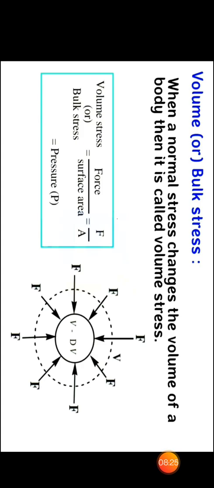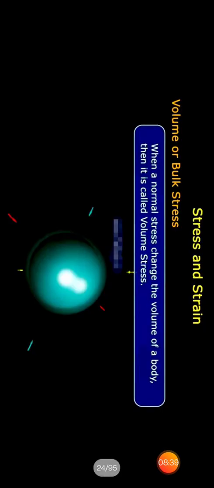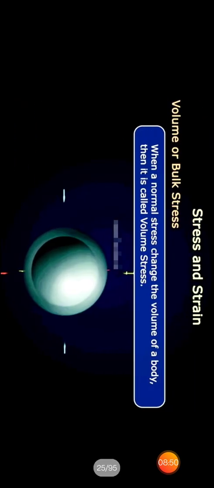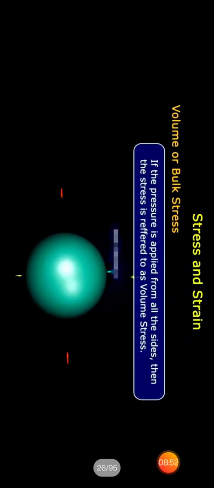Volume stress produces change in size without change in shape of the body, so it is called hydraulic or hydrostatic volume stress, as shown in the figure. When a normal stress changes the volume of the body, it is also called volume stress. If the pressure is applied from all sides, then the pressure is referred to as volume stress.